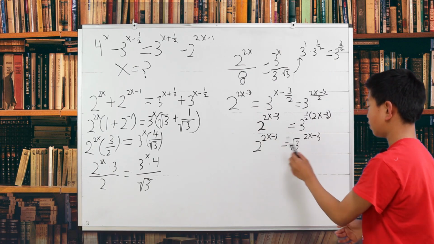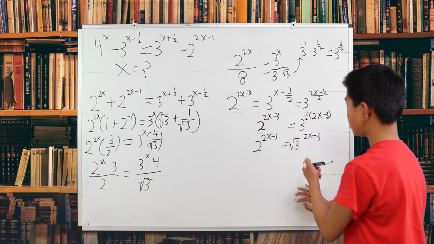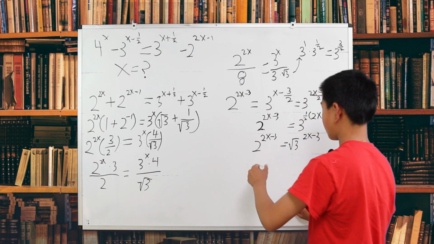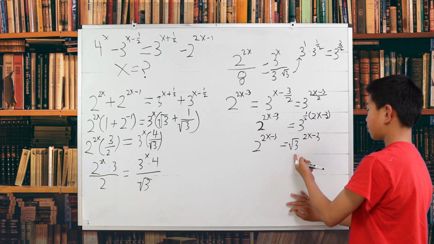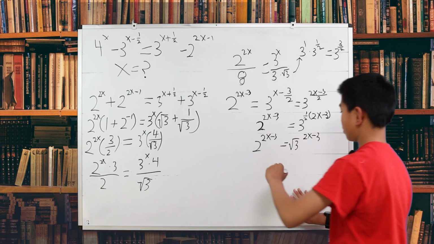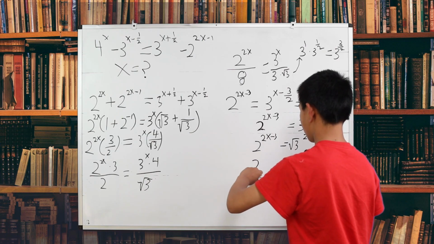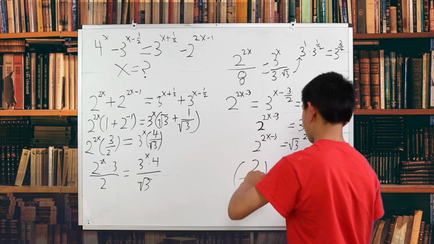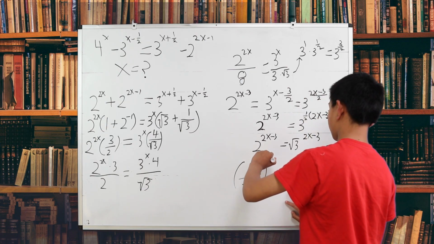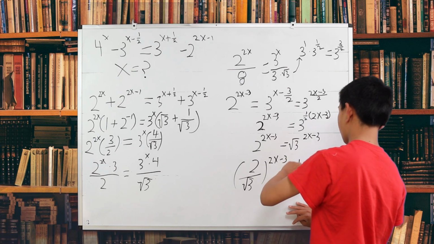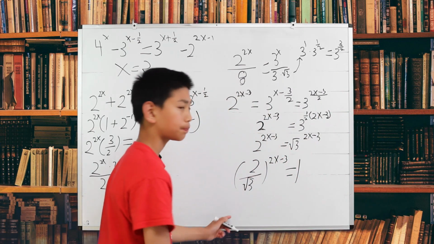Now we can divide both sides. Here, we divide both sides by the square root of 3 to the power of 2x minus 3. So this is going to be 2 over the square root of 3 to the power of 2x minus 3 is 1, right there.